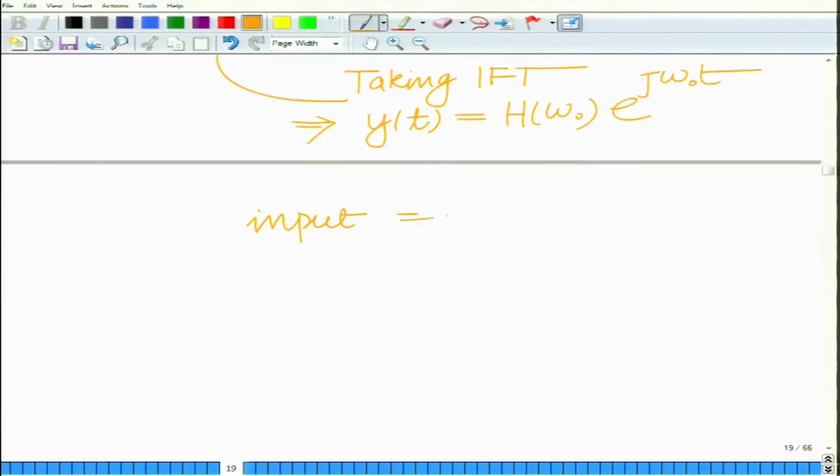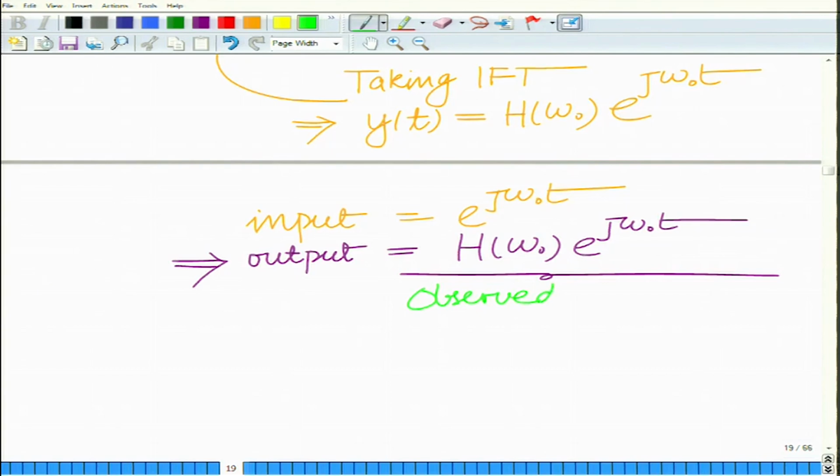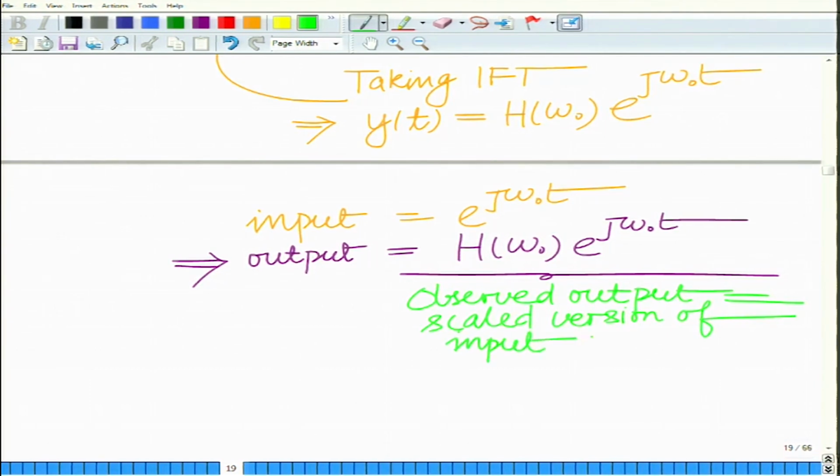So, we have input equals e raised to j omega naught t, and this implies output equals H of omega naught times e raised to j omega naught t. Now, observe, output is simply a scaled version of the input.